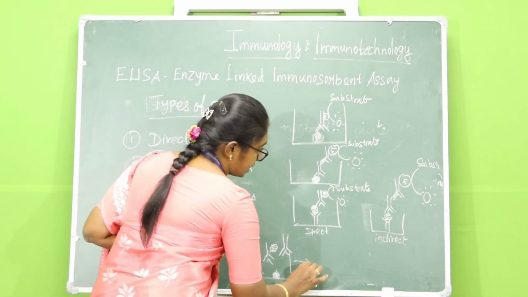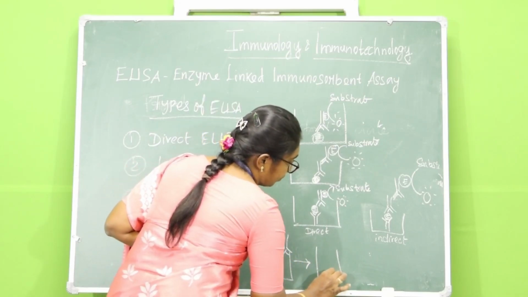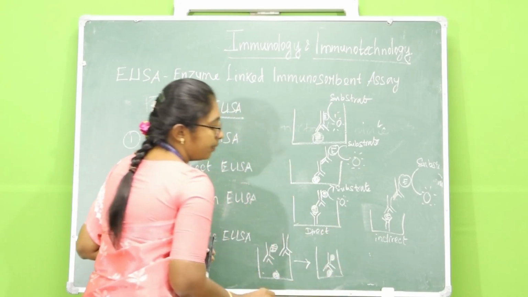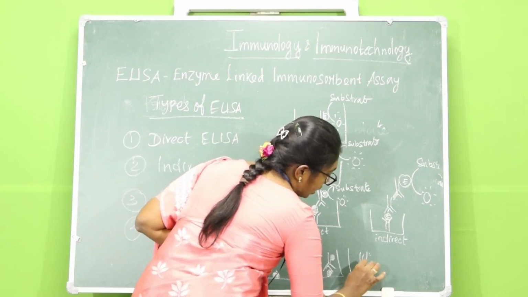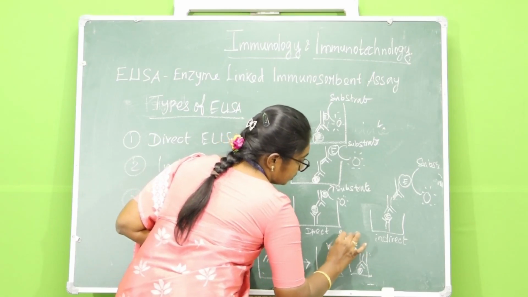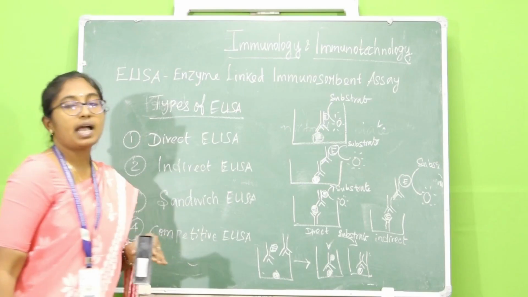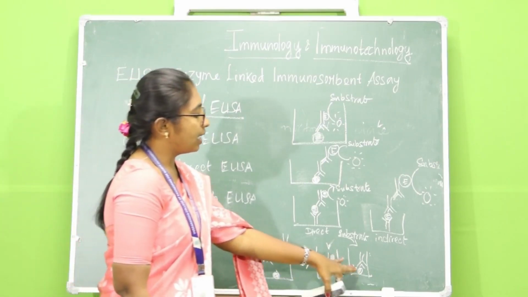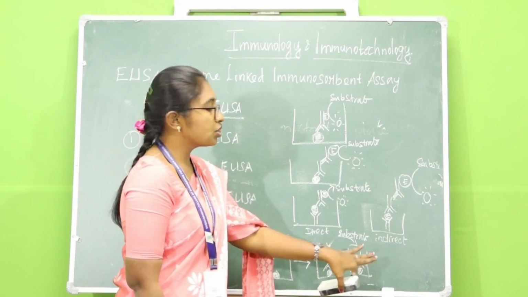Then we add a substrate to both. Only when the enzyme-linked antibody reacts with the antigen does it show the result; the antigen not linked with the enzyme-linked antibody will not show the color change.